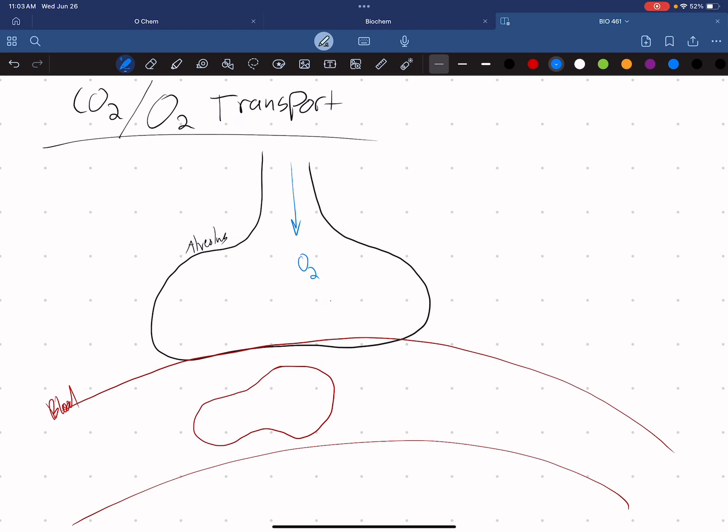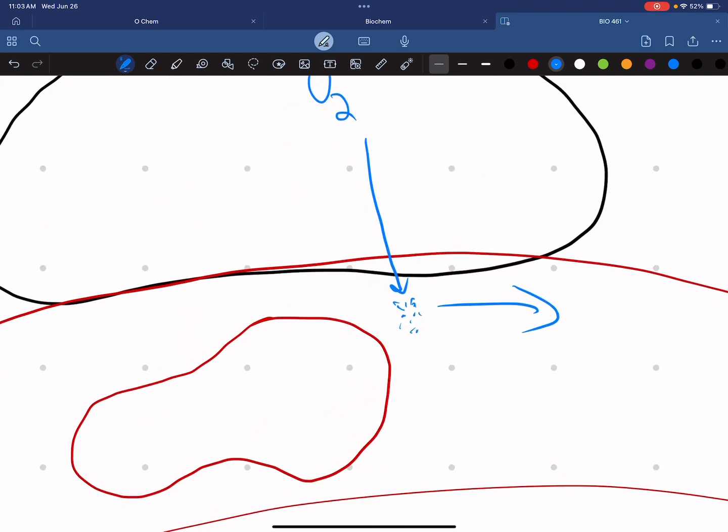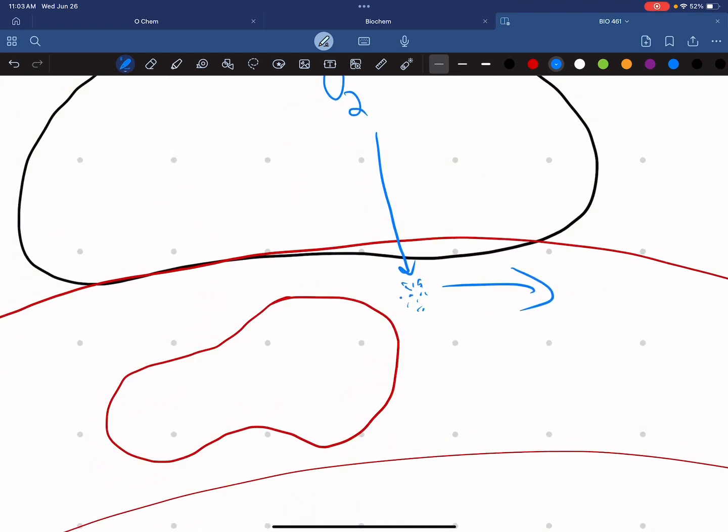This oxygen will diffuse into the blood and be part of the plasma and will circulate through the blood. But part of it will also enter into red blood cells. And what we know is in red blood cells is hemoglobin, and we will see our oxygen binding to hemoglobin.